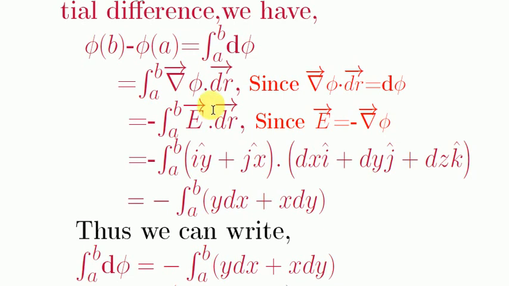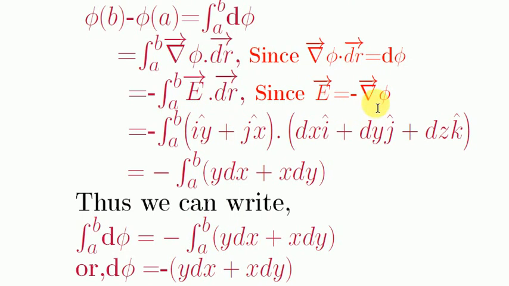Now if we use this relation in place of d phi, in the next step we can write minus of integration a to b E dot dr, since E equal to minus grad phi.